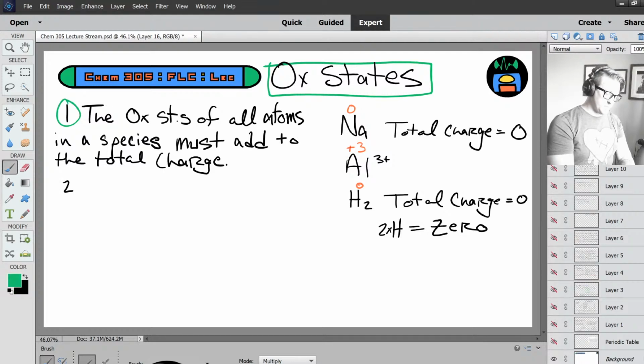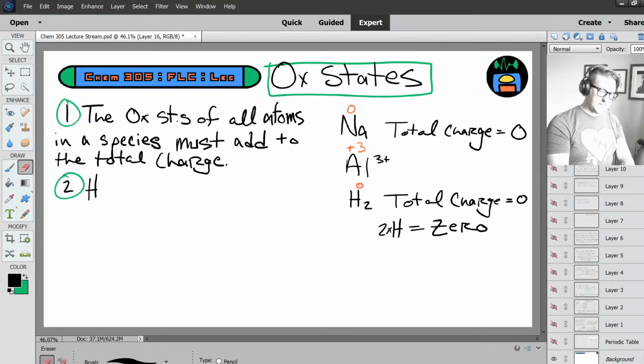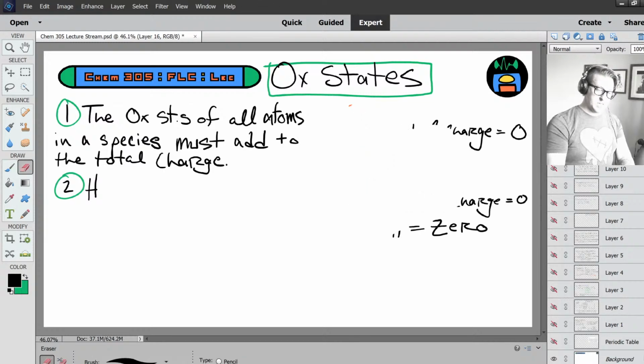Rule number 2. Hydrogen. So if rule number 1 fails you, you come back and you see if rule number 2 helps you solve the mystery.